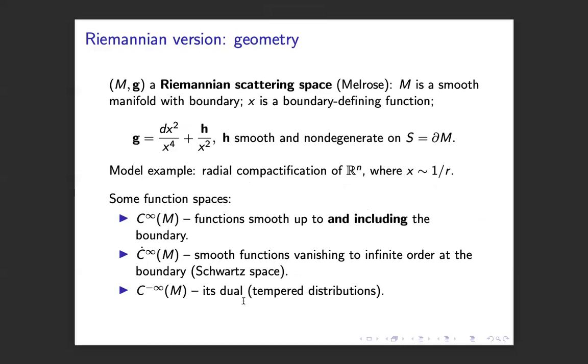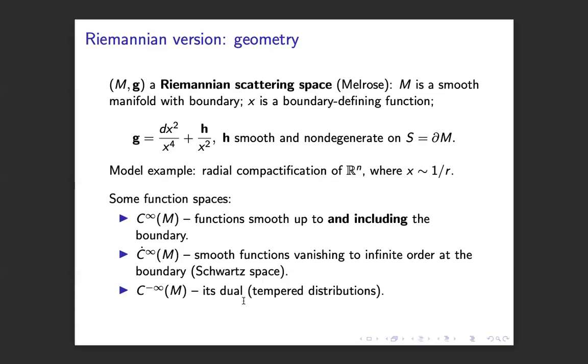Okay, so I will talk a little bit about the Riemannian inversion, which is actually easier. I hope maybe we can be more illustrative. So the geometric setting here is what was called by Melrose Riemannian scattering spaces, where you have a manifold with boundary, and you have a metric that at the boundary goes like this.